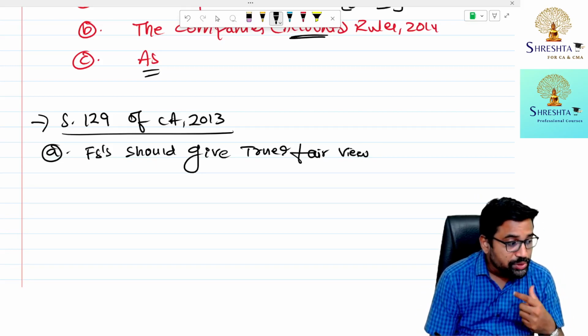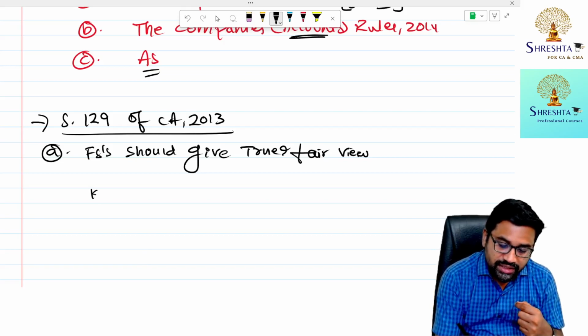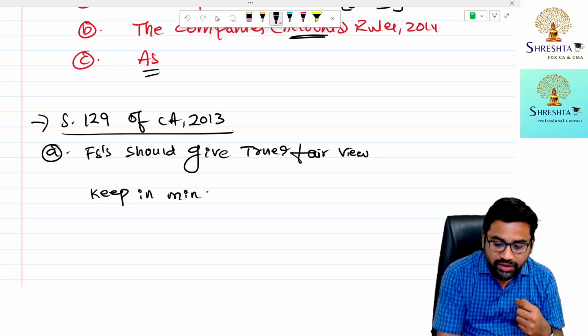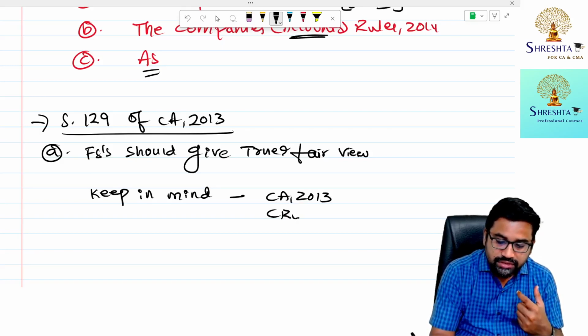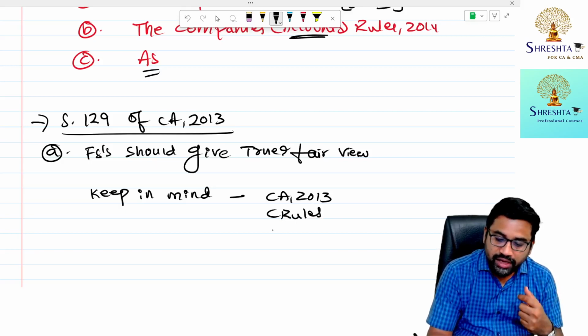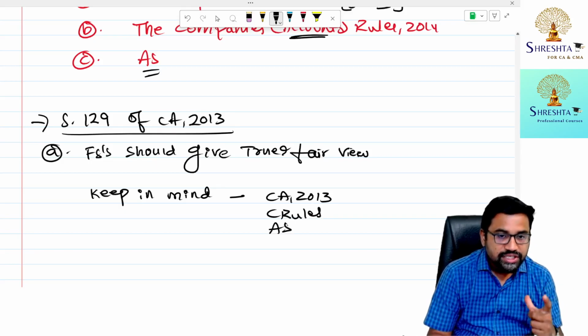And then when you prepare financial statements, keep in mind the regulatory framework. What is regulatory framework? It means the Companies Act 2013, company rules wherever they are, and accounting standards. These things you should keep in mind.